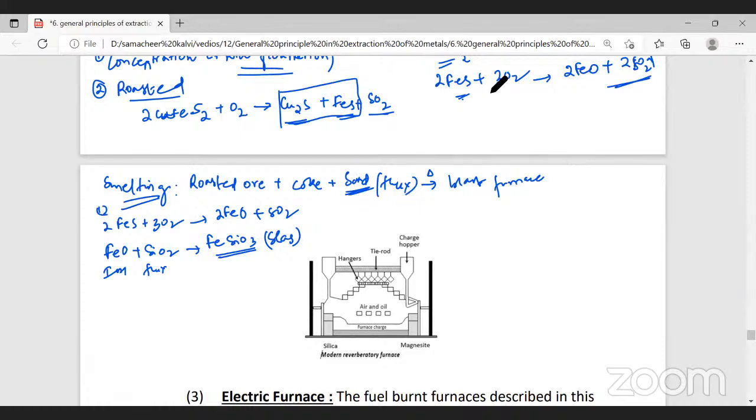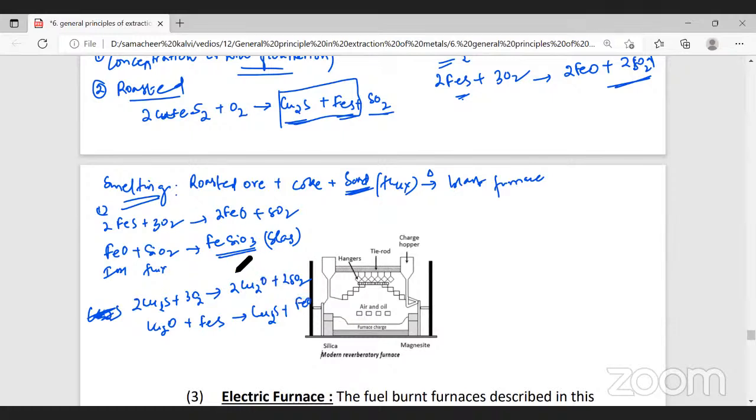Now, cuprous sulfide is also there. Two moles of cuprous sulfide will be oxidized to cuprous oxide, giving you sulfur dioxide gas. This cuprous oxide which is formed will react with iron sulfide to give cuprous sulfide plus iron oxide.